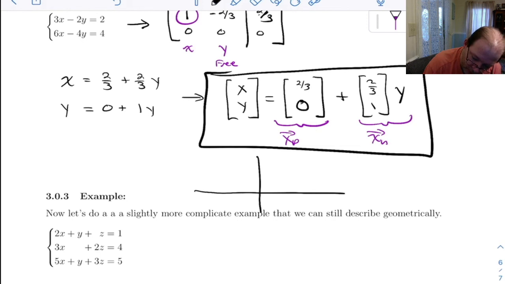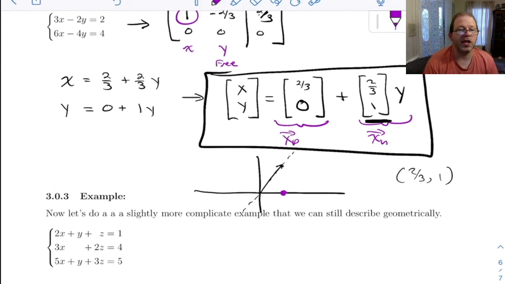Let's see. (2/3, 1), so that's like the point (2/3, 1). So go over 2/3 and up 1, and you've got this. That's this vector here. The point (2/3, 0) is here-ish.